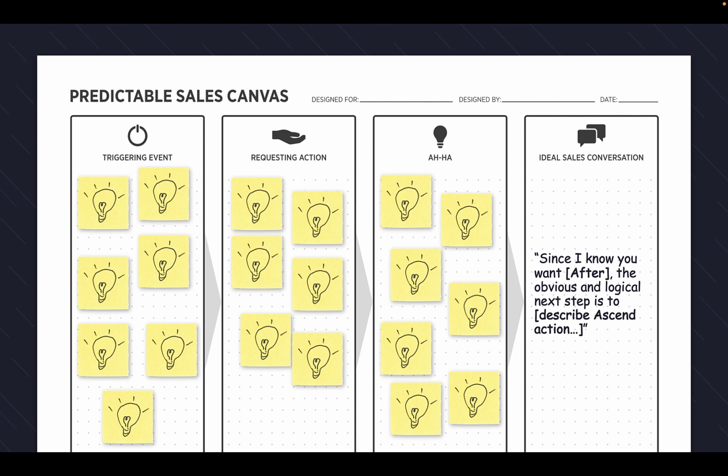Since I know you want the best for your child, since I know you want to make sure that your child is taken care of and they get the specialized attention that they need, since I know you want nothing but the best for your child and you want them to have an amazing education and go to college, the obvious and logical next step is to blank, and then describe the ascend action.